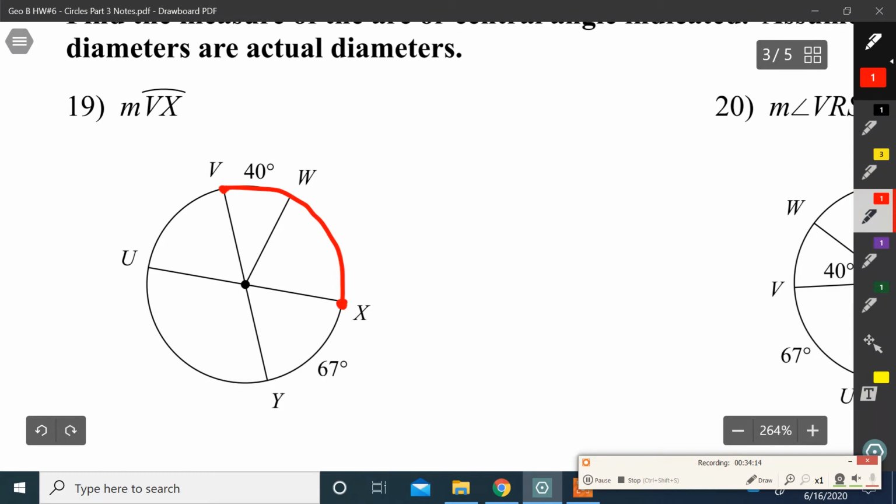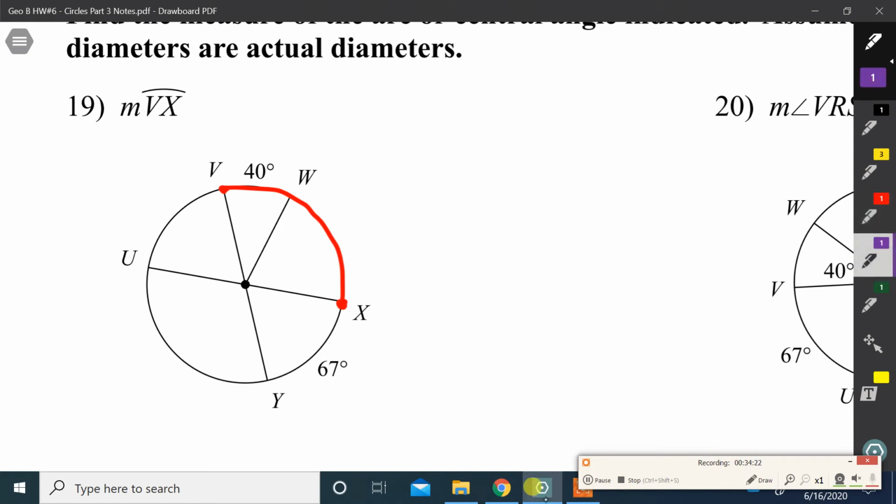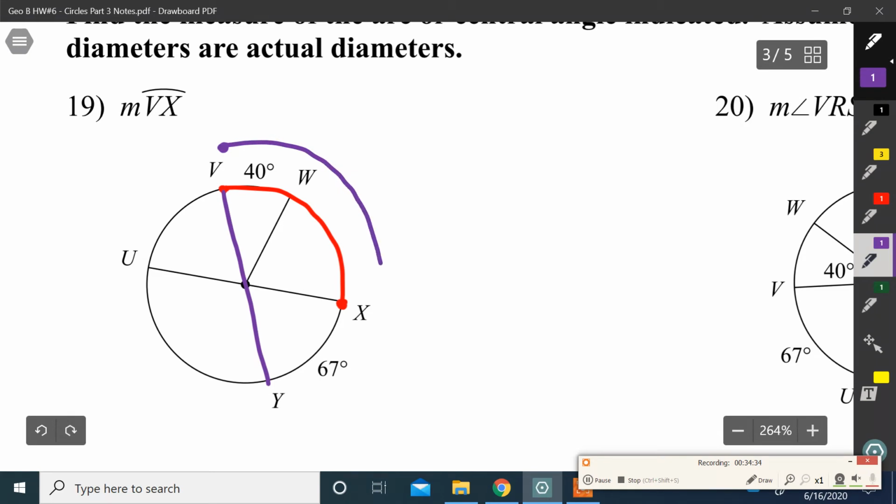That's BX. Okay, how are we going to find that? Well, you have to first realize that half of a circle, and that looks like a diameter, is 180. So from here all the way to there, the whole thing is 180.